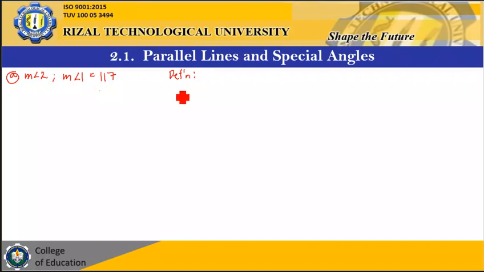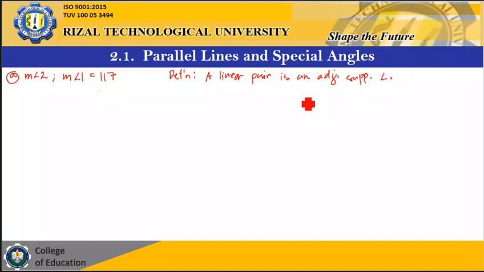Okay, let's define what a linear pair is. A linear pair is an adjacent supplementary angle.